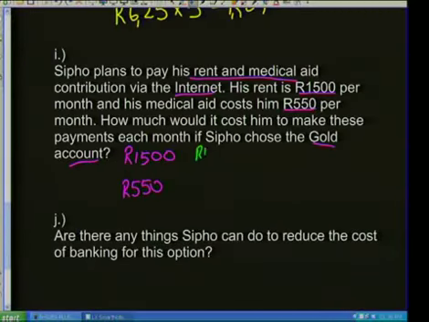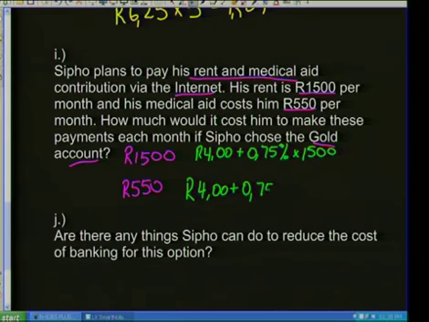So we're paying 4 Rand plus 0.75% of the value. And in this case, it's 1,500. And for this one, we're going to pay 4 Rand plus the 0.75% of 550. So remember, each one of these actually gets its own. Every time we do a transaction in this account, we are charged something.